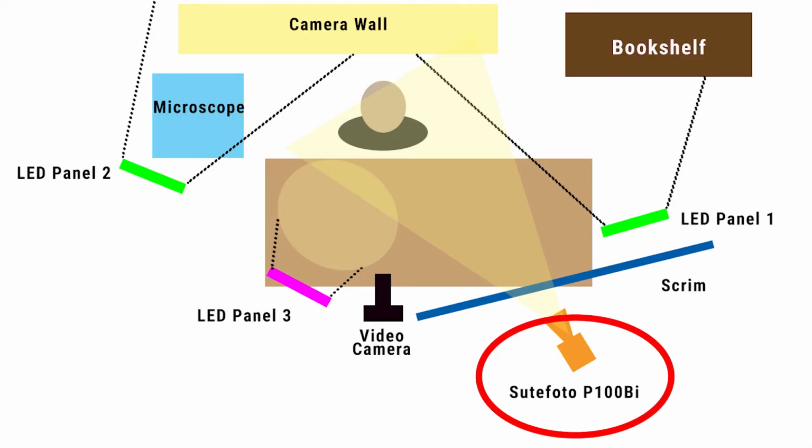But anyway, the main light, the primary light that I use to light myself, is coming from the Sutefoto P100, which I run at about 65%. 65% is more than enough. If I go much higher than that, it gets a little bit glary. But because I use a nice thick scrim with a double layer of tracing paper, it usually doesn't cause any kind of problems.